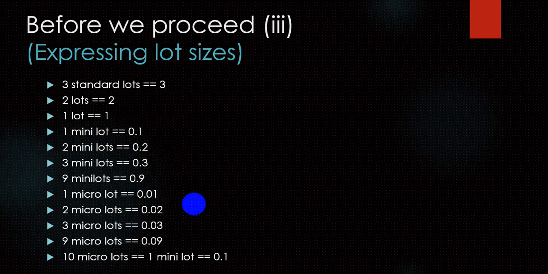You cannot express the micro lot in any way other than as a fraction of the standard lot. As you can see here, 3 micro lots is 0.03 of a standard lot, and so on and so forth. The bottom line is everything is expressed as a fraction of the standard lot or in standard lots.